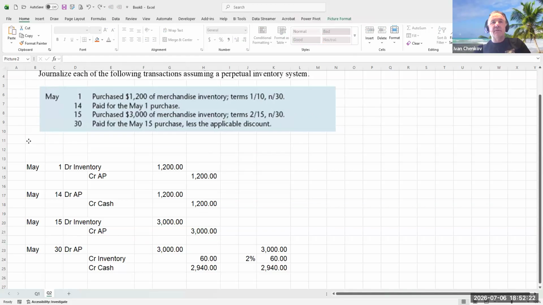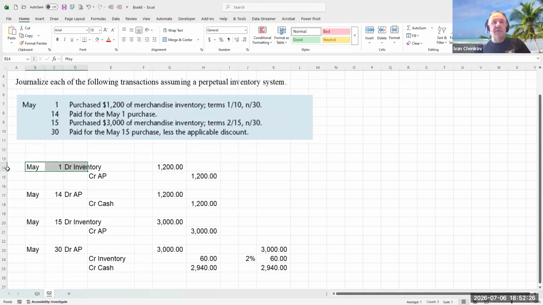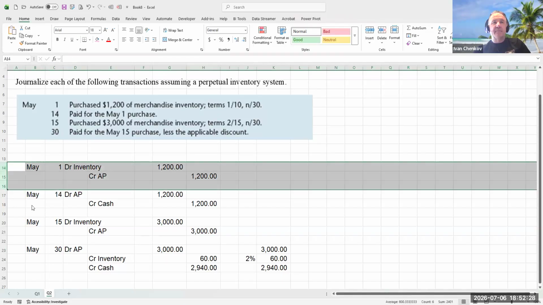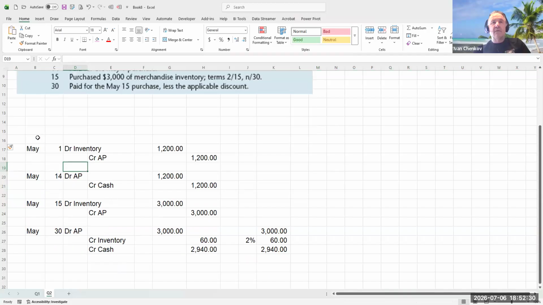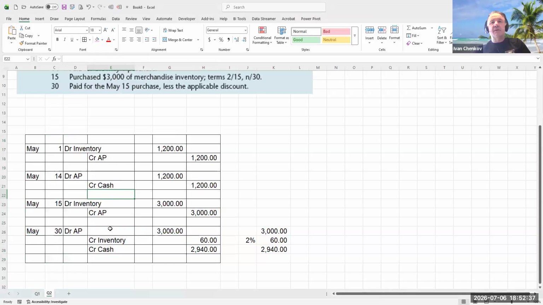Now let's put this question. I'm going to leave this question here, and I'm going to put all this chart, just going to give them more presentation like this, and we have here debit, and we have here credit, and we have our chart.